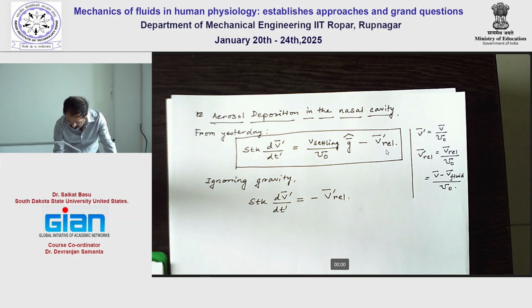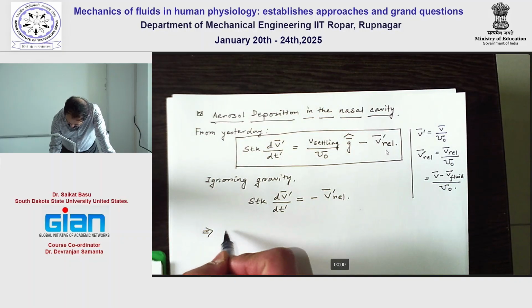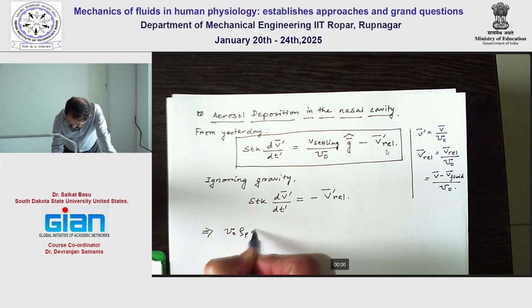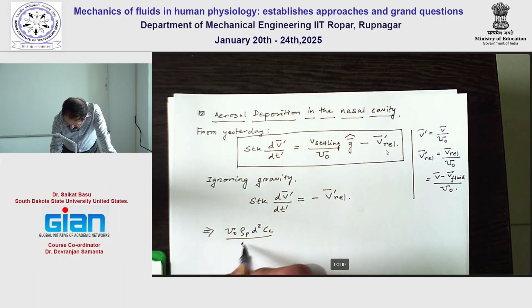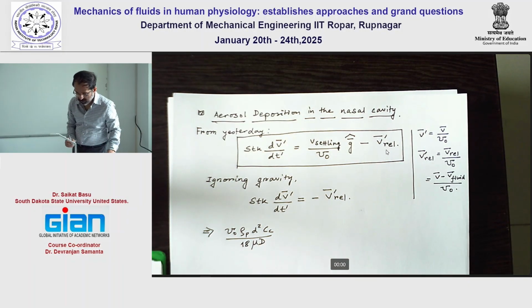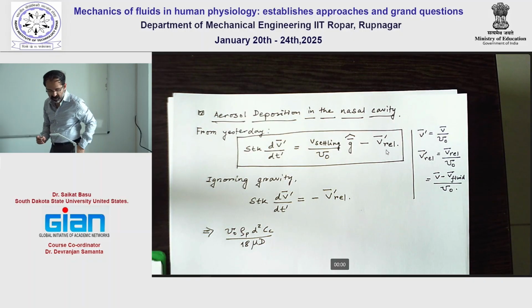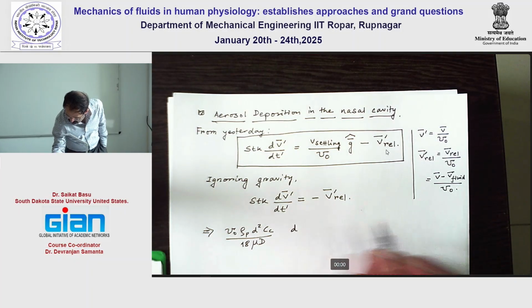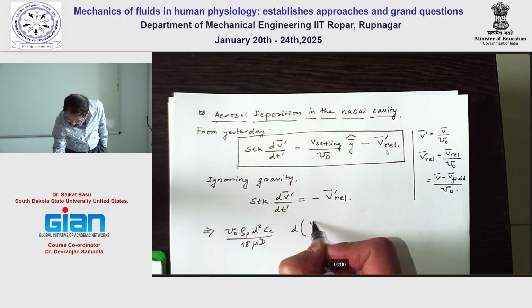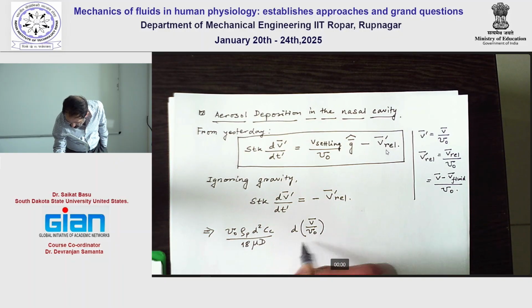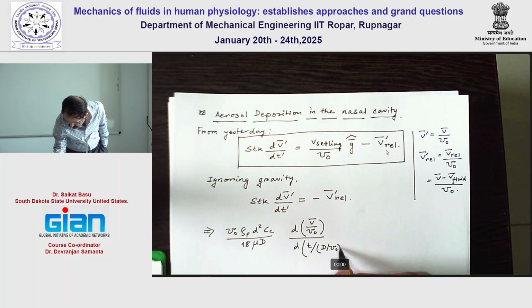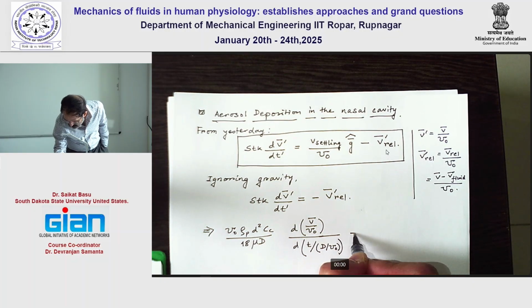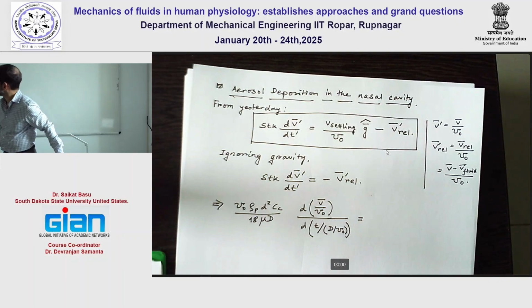So the Stokes number we derived yesterday is u naught rho p d square Cc over 18 mu d. U naught is the characteristic speed, d is the characteristic dimension where we are studying the transport process, times d v bar prime, where v bar prime is v bar over u naught, and dt prime is t over the characteristic time, which is derived from the d and the u naught that we have assumed.